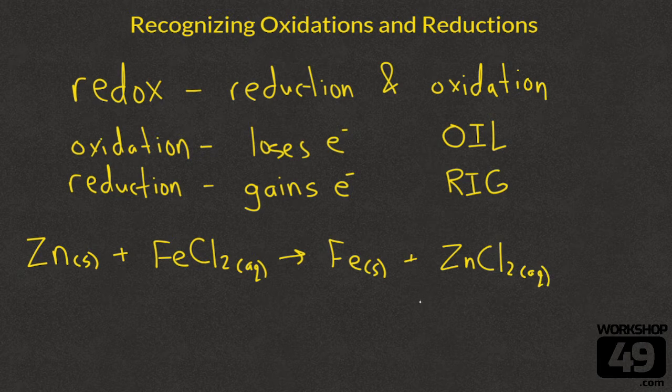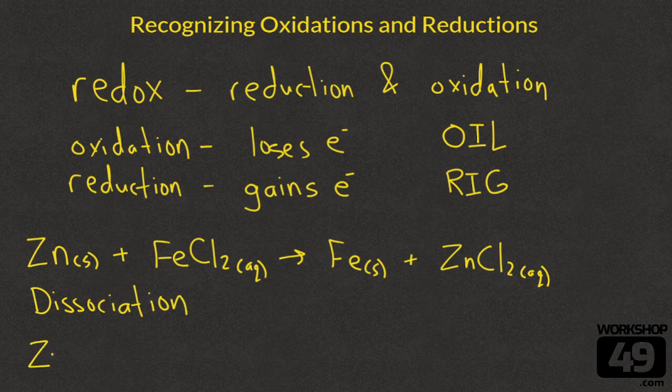To help us out with this, we're first going to dissociate our aqueous ionic compounds, which means we're going to dissolve them and see what they look like as little ions. So this is dissociation. What do they look like when they're dissolved?